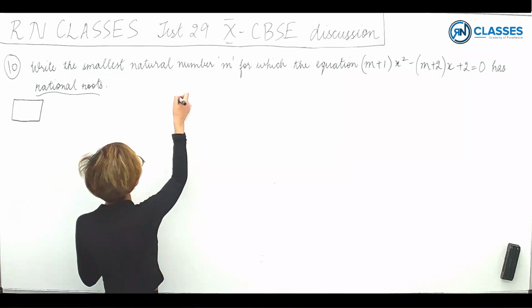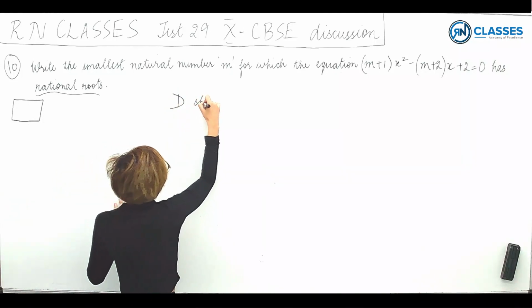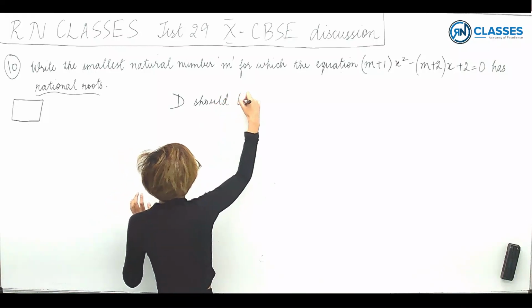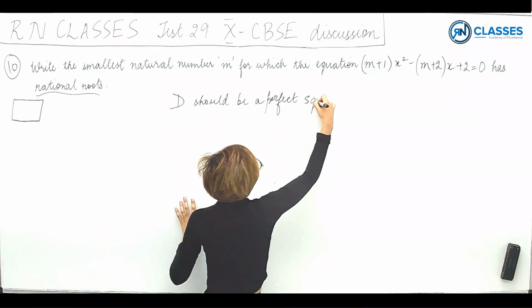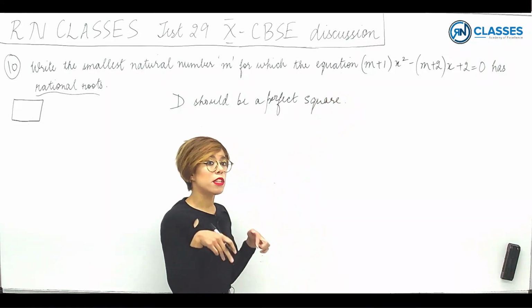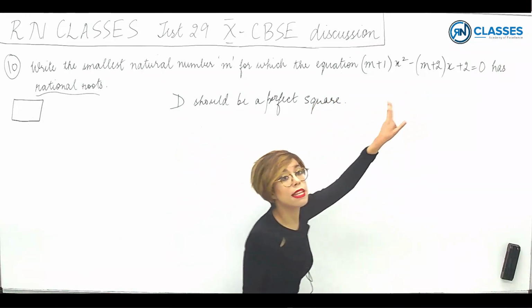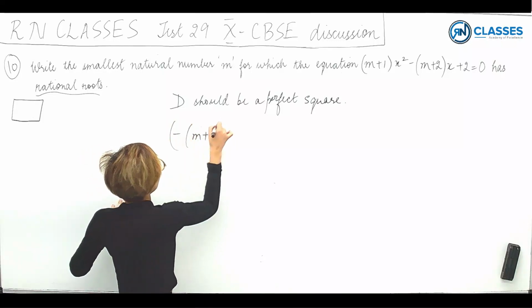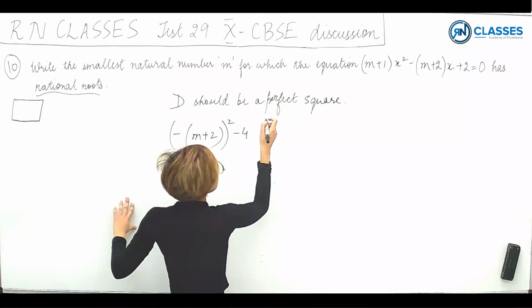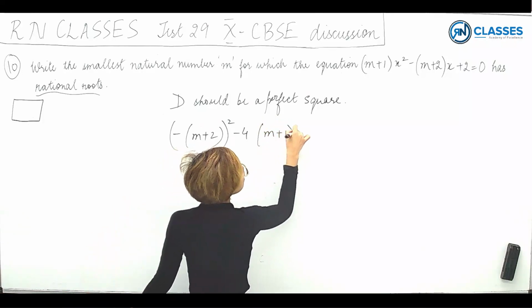So first of all, let's find the discriminant. Discriminant should be a perfect square. Now discriminant is b square minus 4ac. Now b square is minus m plus 2. So minus m plus 2 whole square minus 4, a is m plus 1 and c is 2.